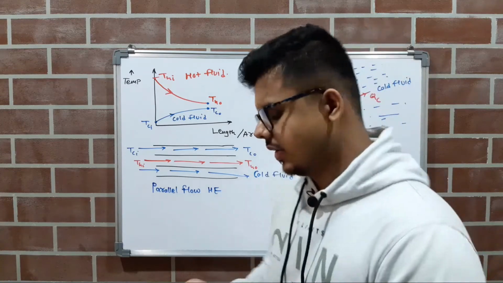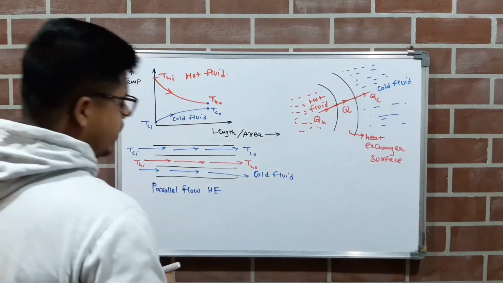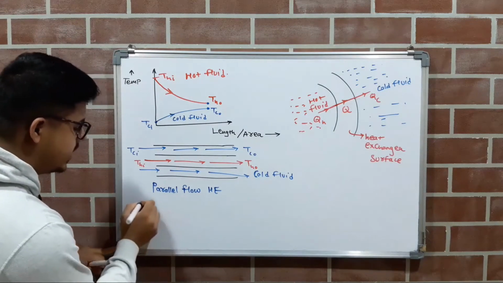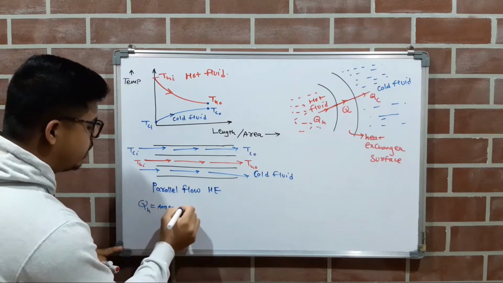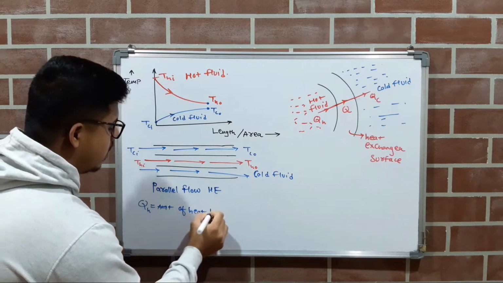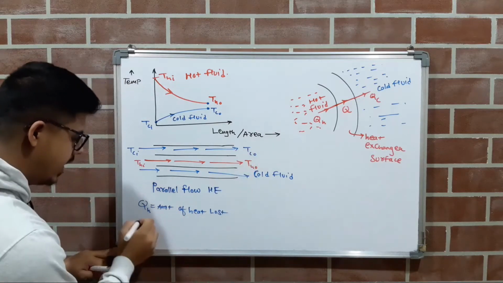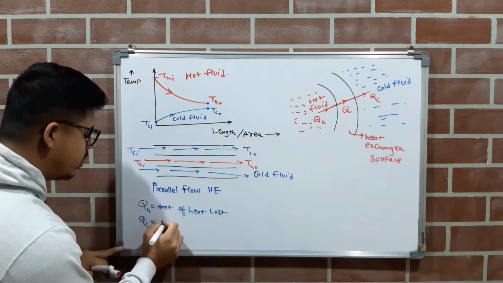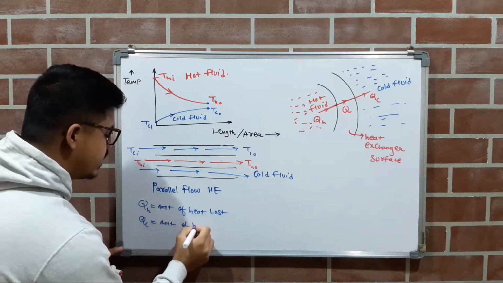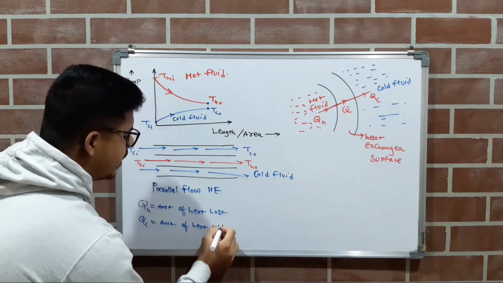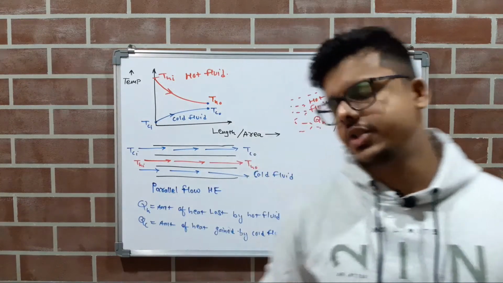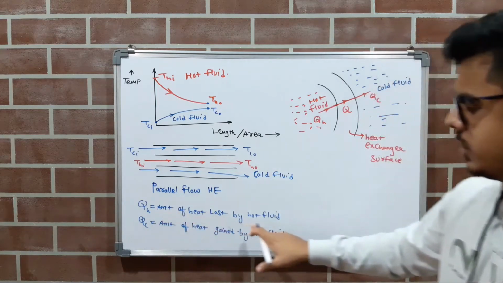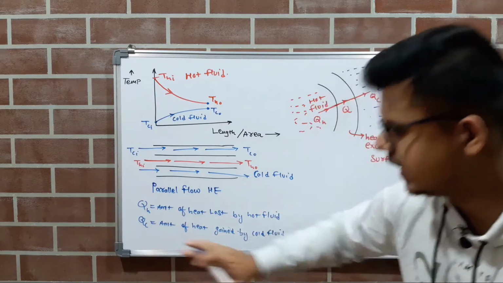So I will write: QH is the amount of heat lost by the hot fluid, and QC is the amount of heat gained by the cold fluid. Our assumption was that there is no loss of energy, so whatever heat is lost by the hot fluid is equal to the heat gained by the cold fluid.